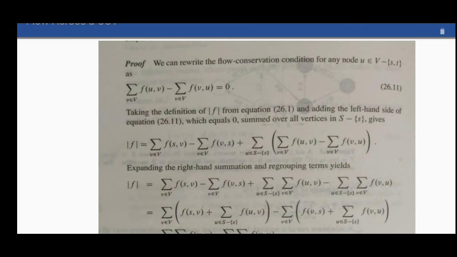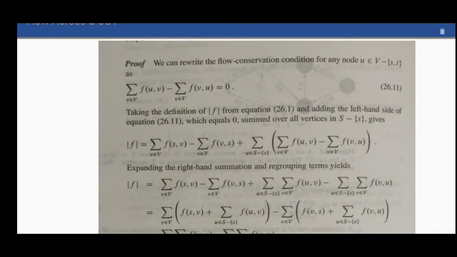Now, taking the definition of the flow which I had just recollected and adding to the left hand side of the above equation, as the value of this particular thing is going to be 0, we just add this.